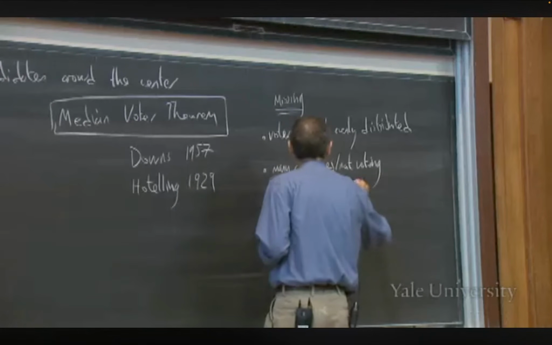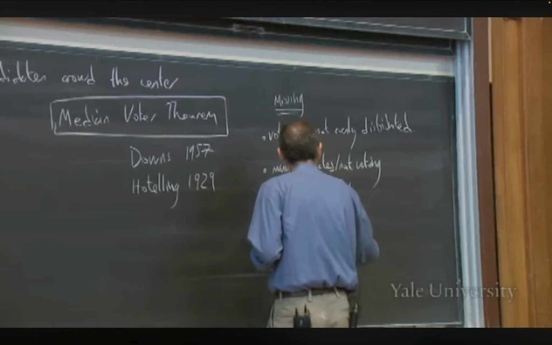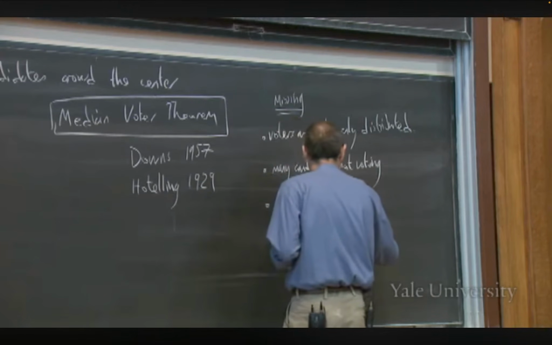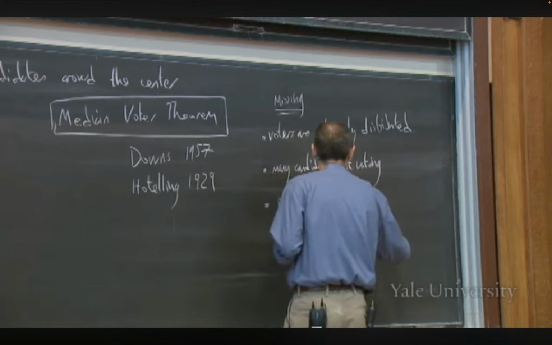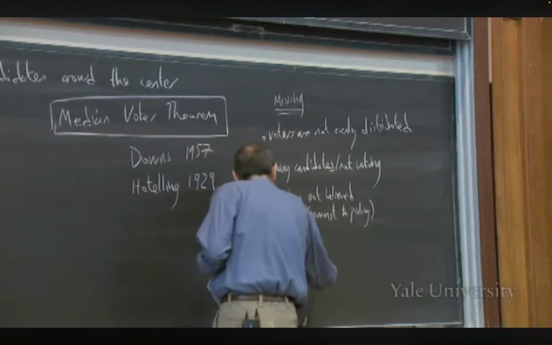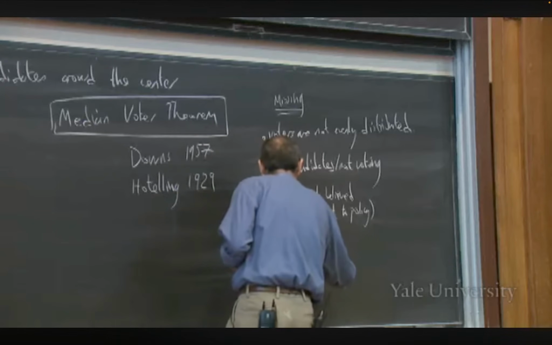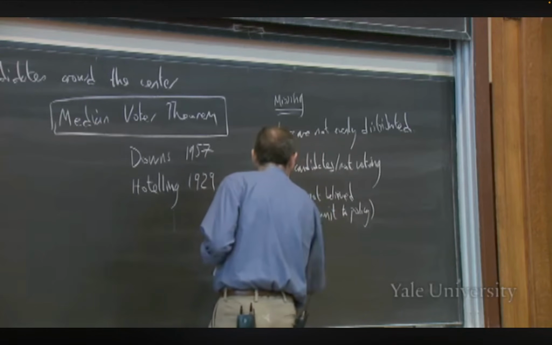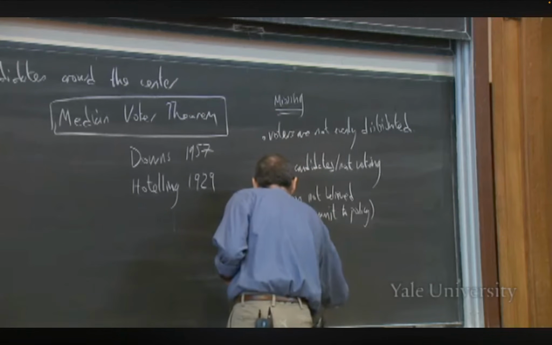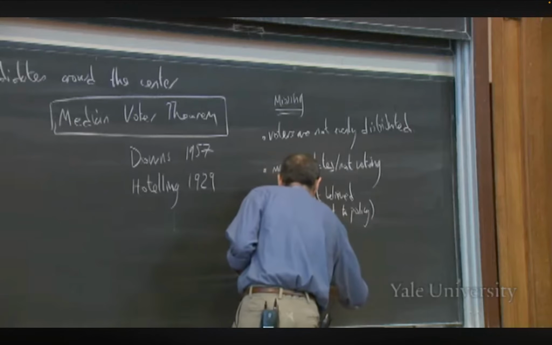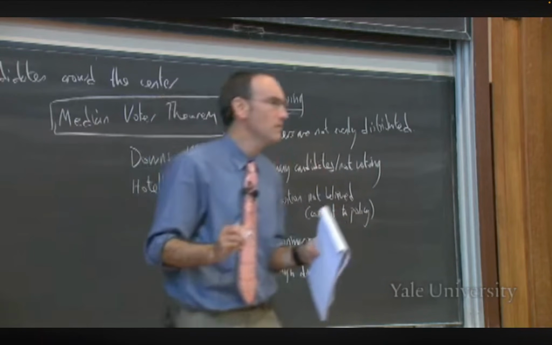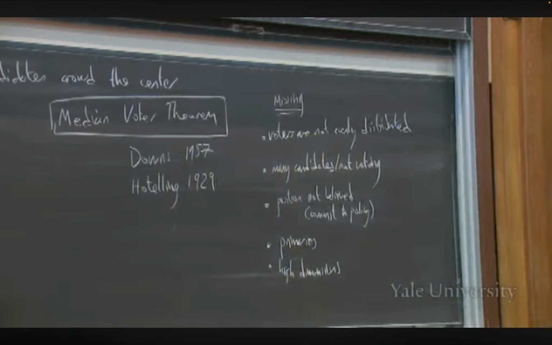And I want to claim that that's connected to the idea that you can't commit yourself to your policies. And we had some others. We had primaries. And we had other dimensions. So we had high dimensions. Have I got the main ones now? I think I got most of the main ones.